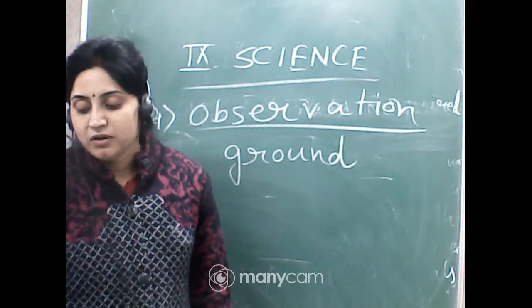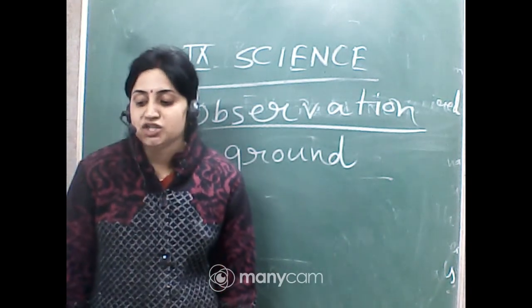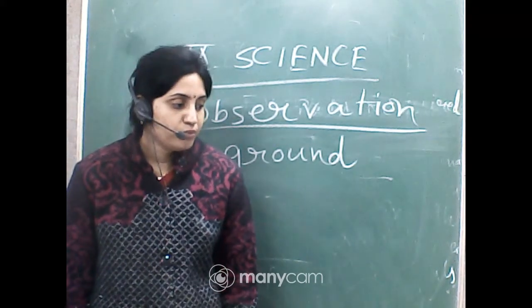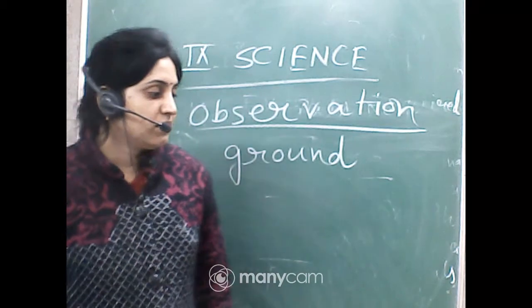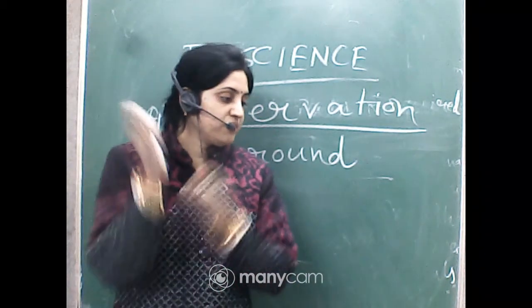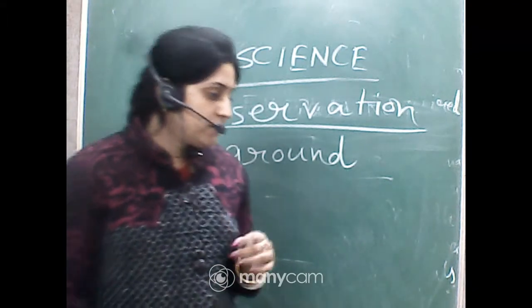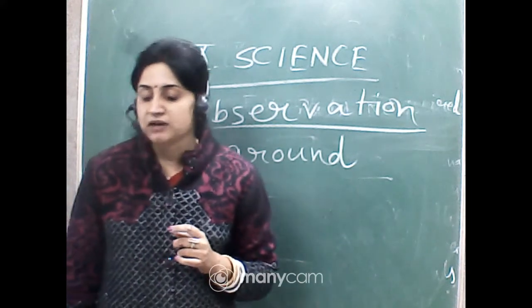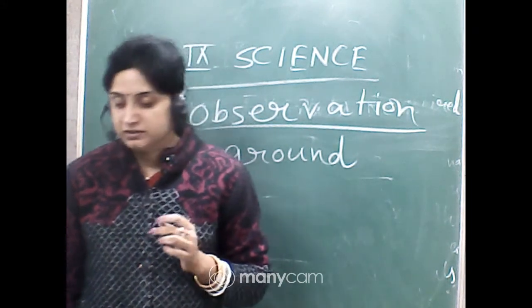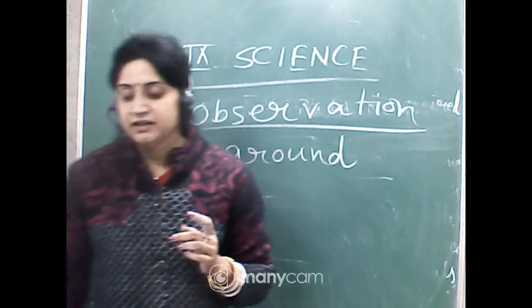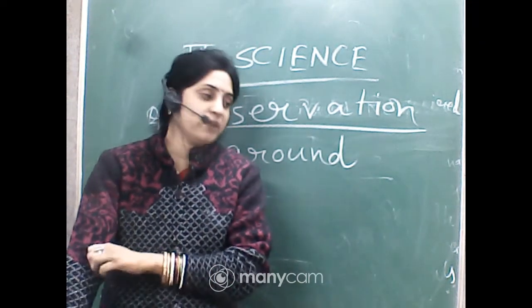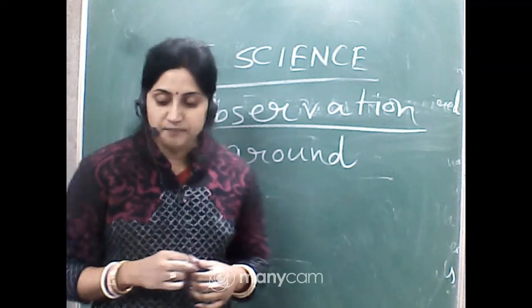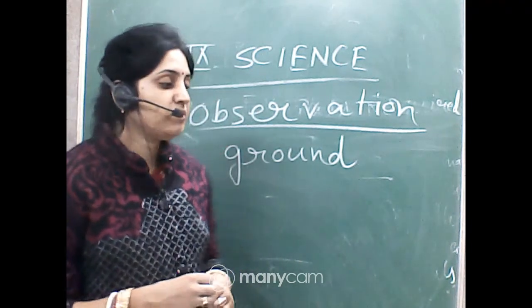Number 5, the cells usually store food materials and metabolic products like gum, resin, etc.